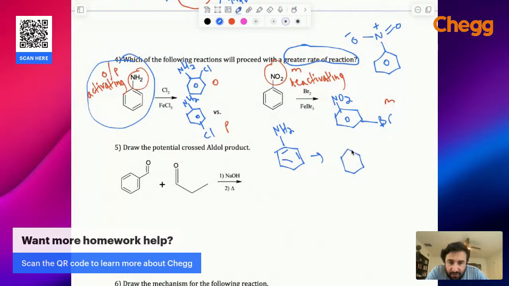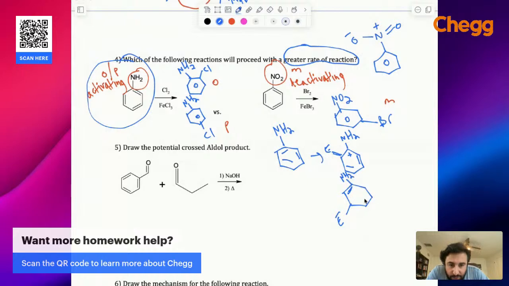Let's say we get ortho substitution. So that will leave the positive charge there, versus meta substitution. So E is just any electrophile. We don't care, right?